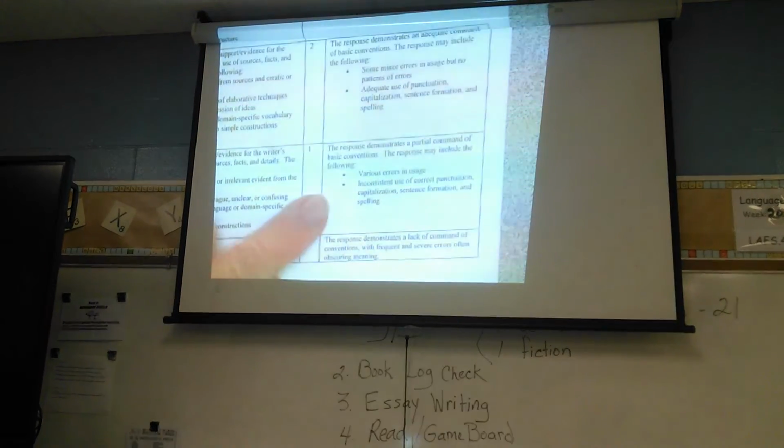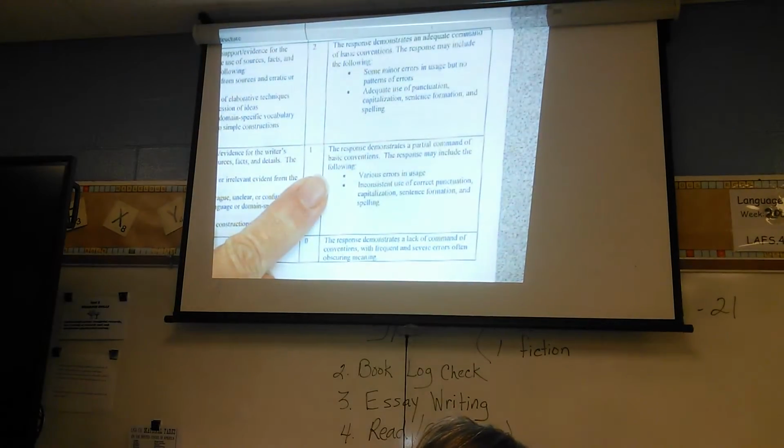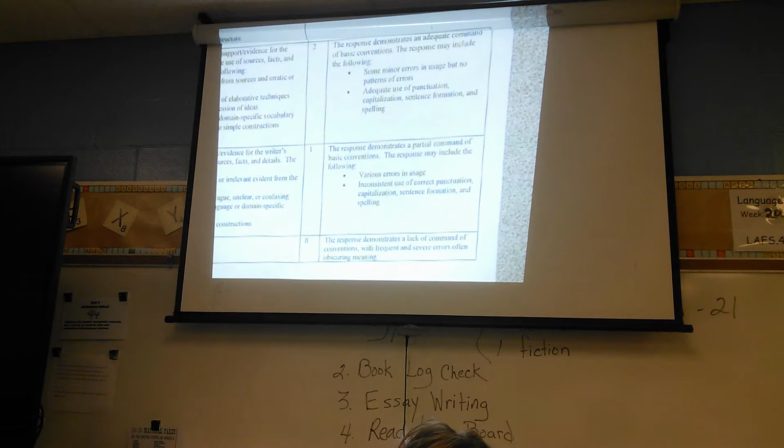All right. You would score a 1 if you have partial, what they call partial command. Okay, you might have some errors in your usage. Like, for example, your verb tenses might not be matching with your subject.